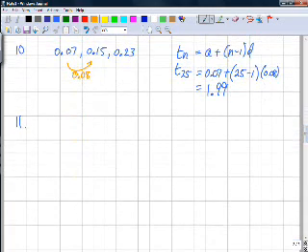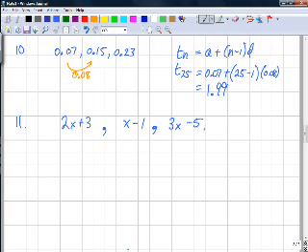They gave us a T4 that equaled negative 11.3. So that tells me that if I go with x equals 4, I'll have a value of negative 11.3. So there's a point I can use to start my graph.